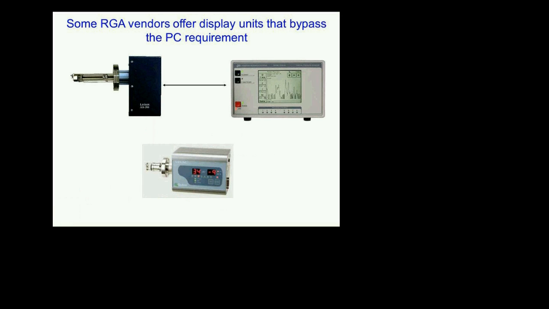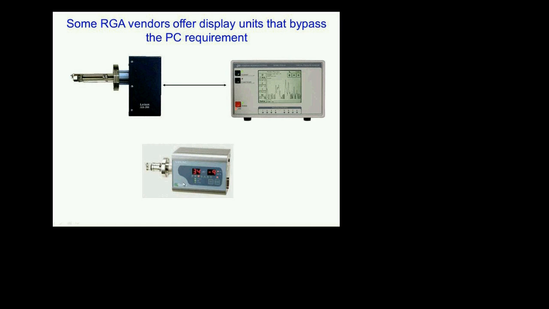In terms of the ECU itself, the electronics control units, most units look like black boxes, like this one, where there is no display. But you can also buy, if you don't want to deal with software, a standalone box that will display the data without requiring a computer.